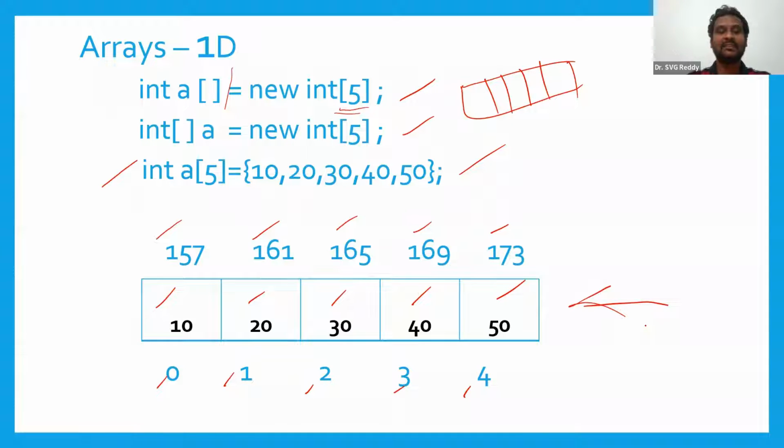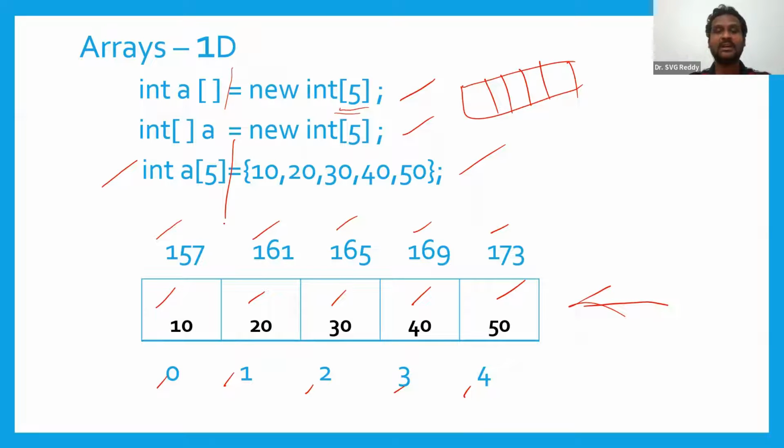I have simply declared it, the memory is allocated automatically, and the elements 10, 20, 30, 40, 50 are inserted at the respective blocks 0, 1, 2, 3, 4, or at the addresses 157, 161, and so on. So the elements can be initialized with a single statement, or we may go with a for loop also, of course. So this is one direct way. Okay, so like this the array is created.